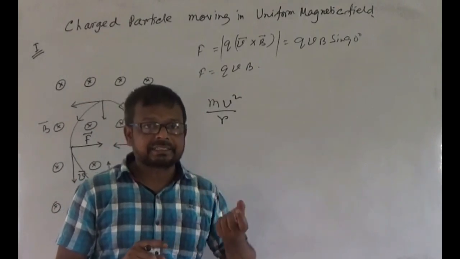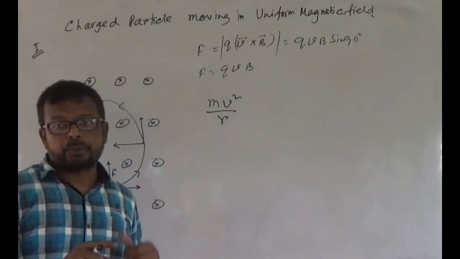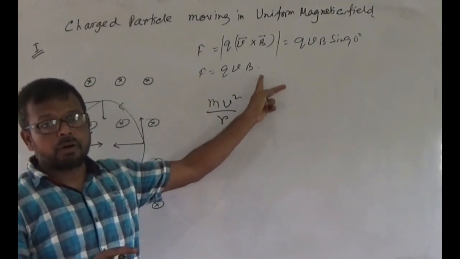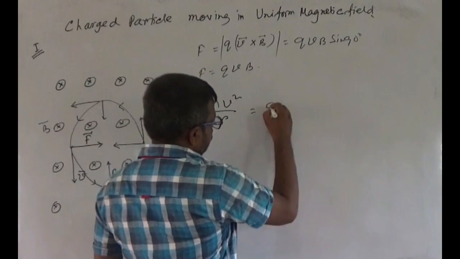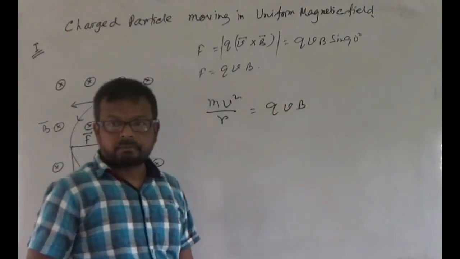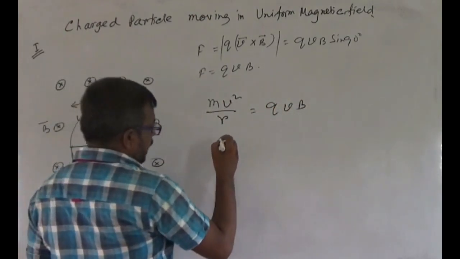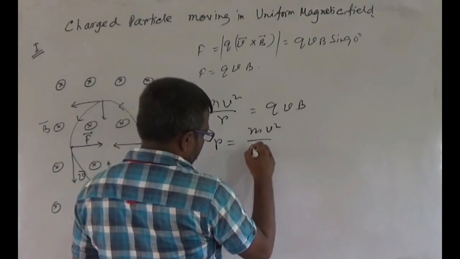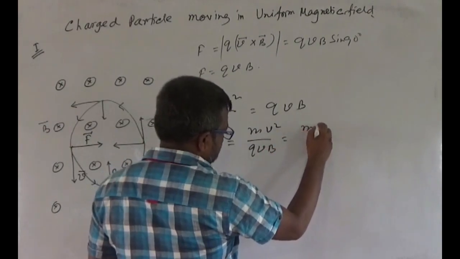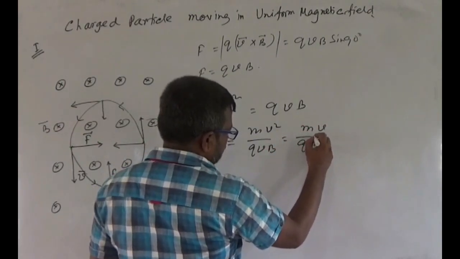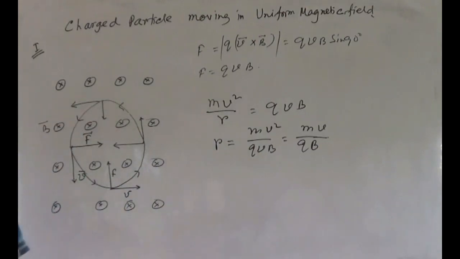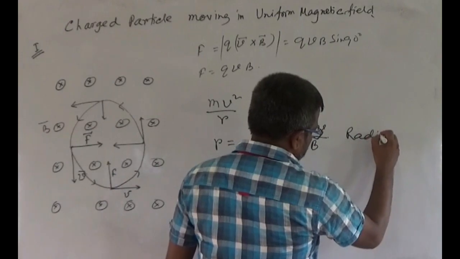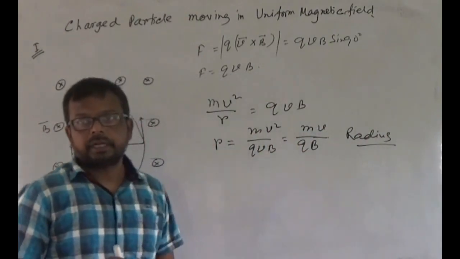And in this case, the centripetal force is provided by the magnetic force on the particle, which is qvB. Therefore, from here you can write r is equal to mv squared by qvB, which is mv by qB. This is the radius of the circular path, right?